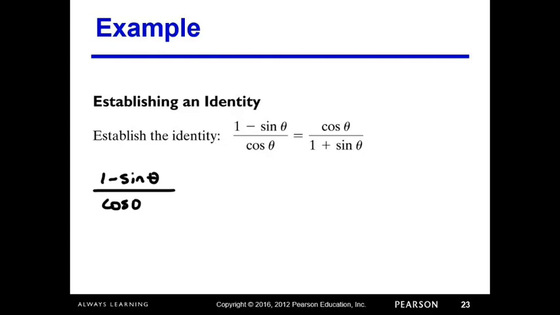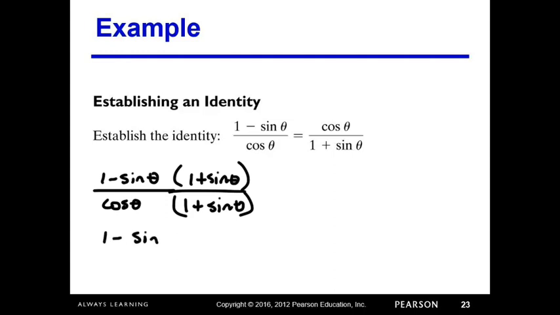So I'm going to multiply 1 plus sine theta over 1 plus sine theta. And so this becomes in the numerator 1 minus sine squared theta over cosine theta times 1 plus sine theta.